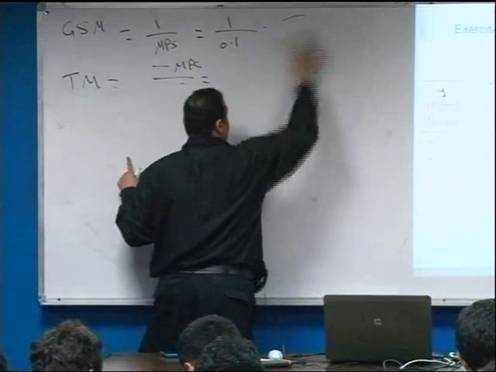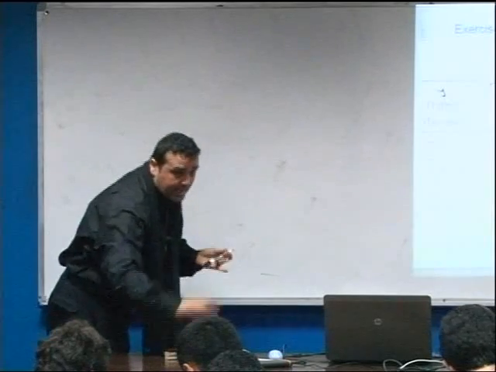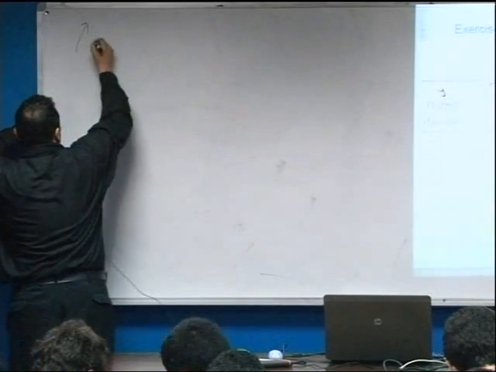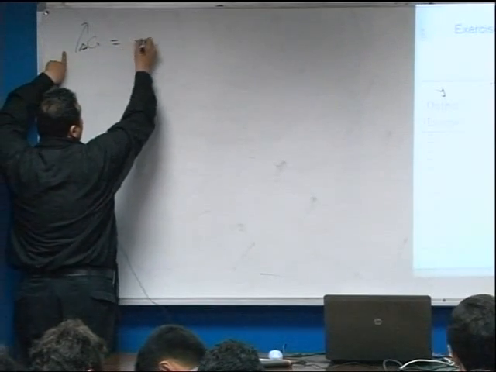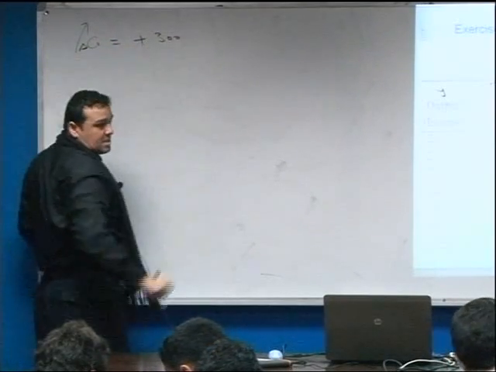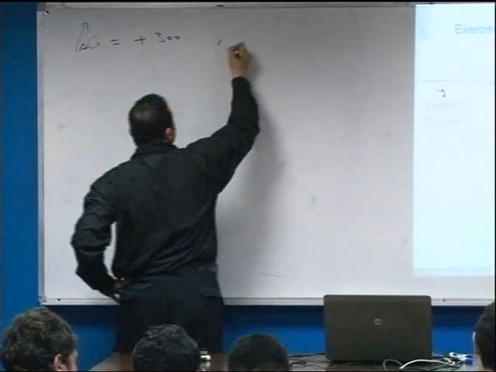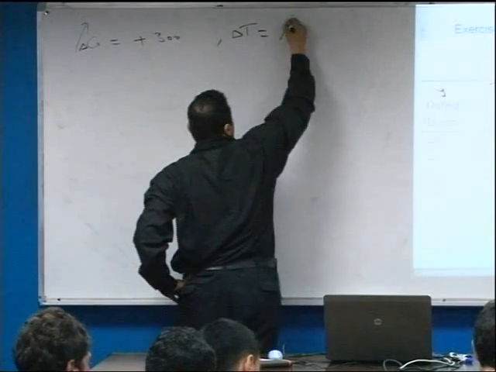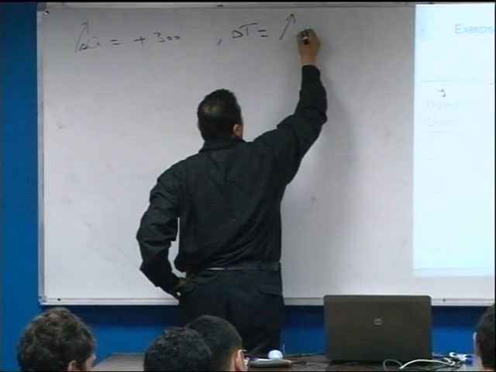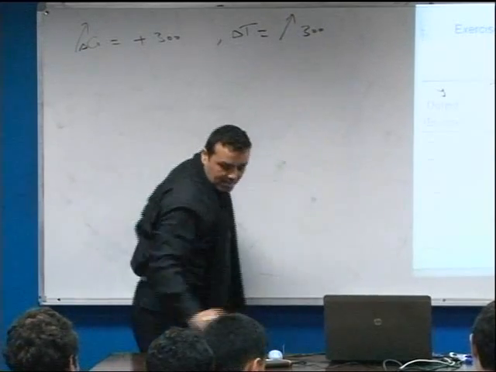So the question is, suppose that the government spending G increased, delta G increased by $300 million. And the taxes, delta T, increased by $300 million or $200 million.